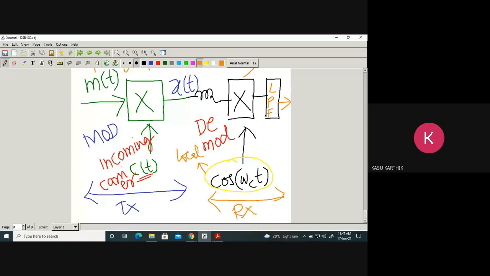Same in the sense they should have same frequency, same phase. Amplitude can be different. So they have synchronization or coherence in the frequency and in the phase. That's why it's called a coherent or synchronous demodulator. Because the two carriers are coherently or synchronously matched in frequency and phase.